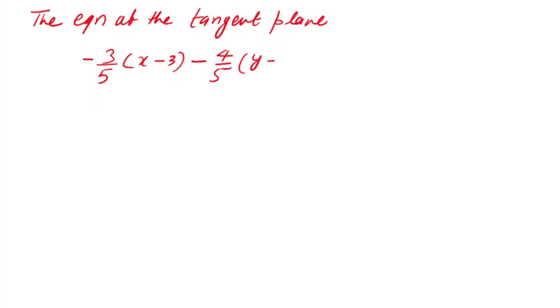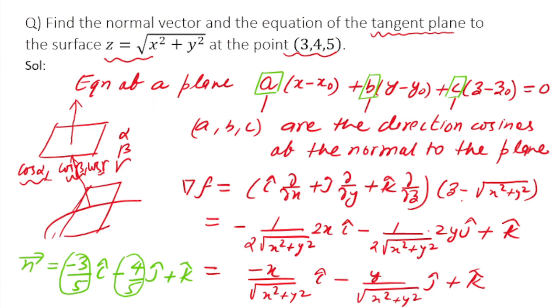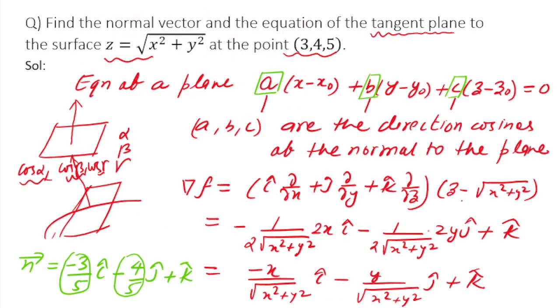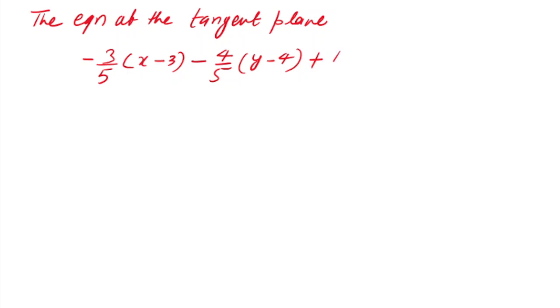So what is y naught? Y naught here is 4, and z naught is 5, so it will be y minus 4, and then z, the coefficient of k cap is 1, so I take 1 times z minus 5, that is equal to 0. So this is what we get.